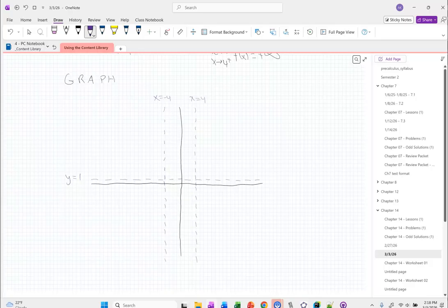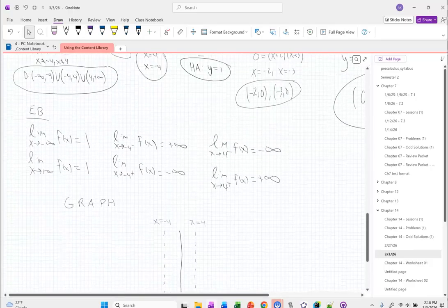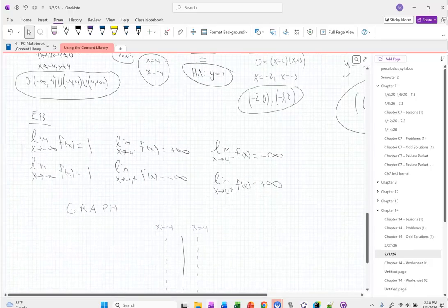Next, I'm going to plot the removable discontinuity. Oh, there wasn't one. Done with that. Now I'm going to plot the x and y intercepts. The x-intercepts were at -2 and -3.